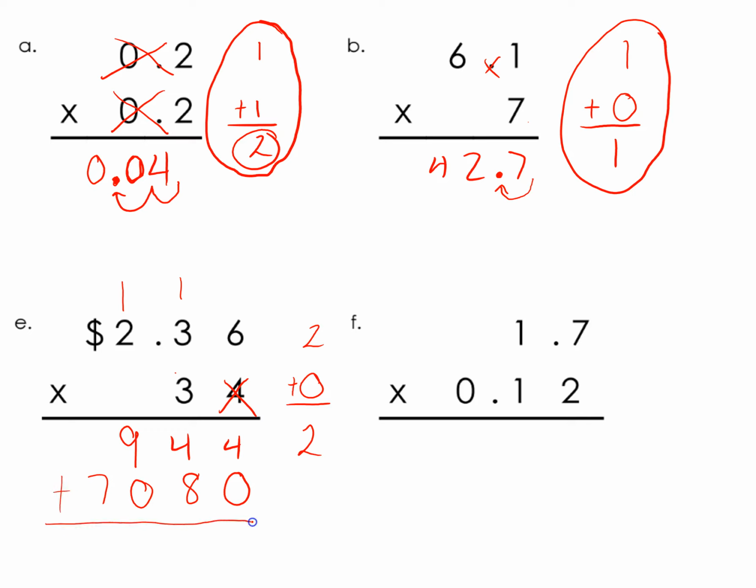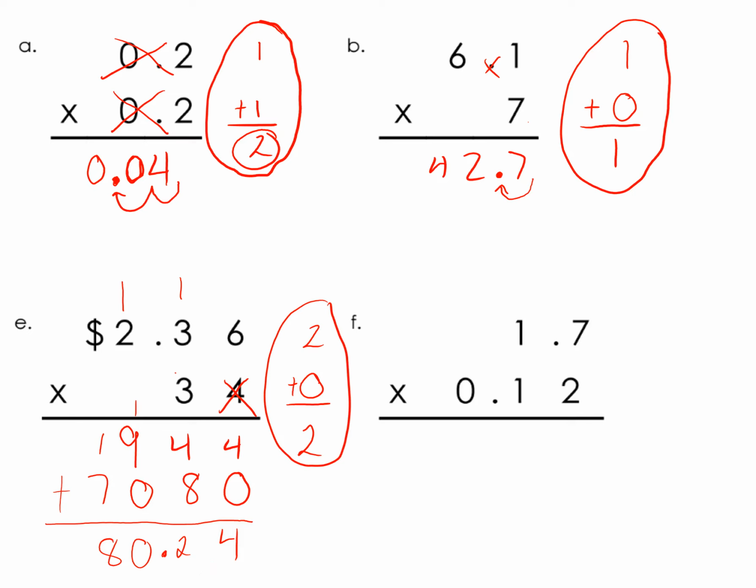Add this all up. 4, 12, carrying my 1, 10, carrying my 1, 8. And then now I go back. Where do I put my decimal? I move it over 2 to the left. So it starts here. I go 1, 2. So this becomes 80.24 or 80 and 24 hundredths.